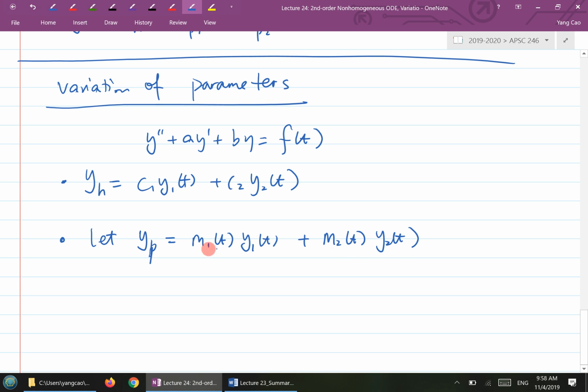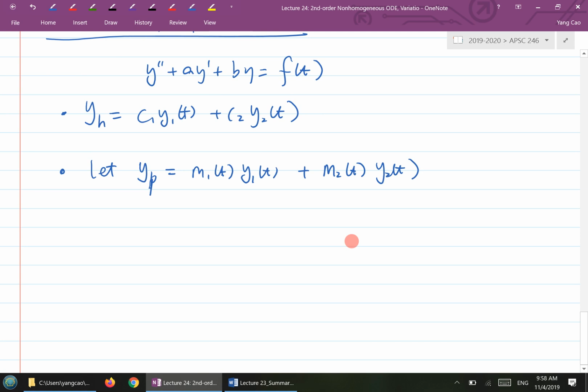If I multiply by a constant, then there's no difference from yH. So we multiply by a function that depends on the varying parameter t. One is M1, one is M2. Let's see where this will lead us.